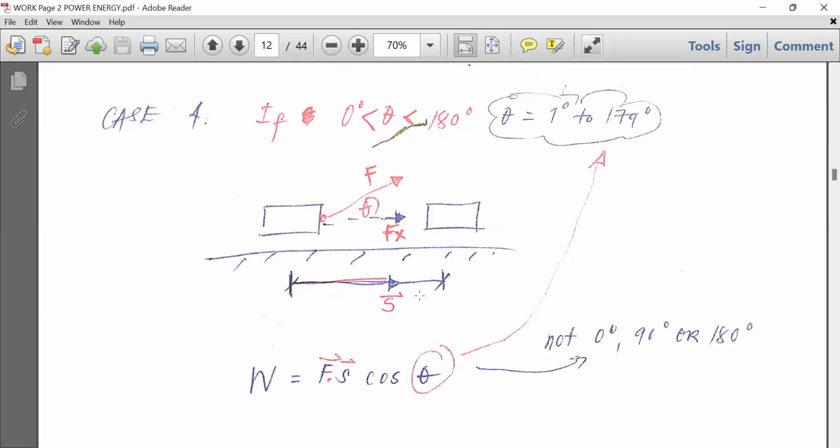Since the displacement is in the x direction, to the right, we get the x component of force and disregard the y component. So Fx multiplied by s, that is F times s times the cosine of theta. So there's positive work done here. Okay, case 4.